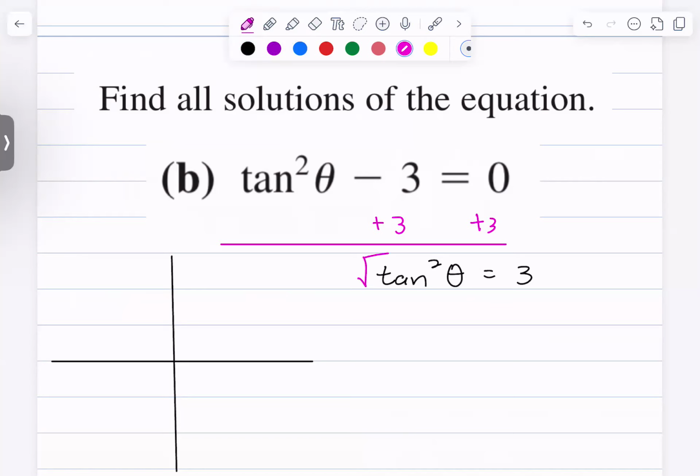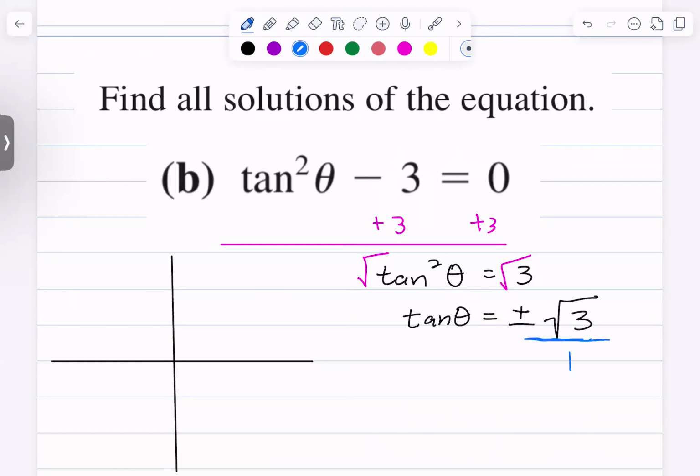Square root. So this would be the tangent of theta equals plus or minus, remember when you take the square root, it's plus or minus root 3. Correct? This one is always going to be over 1.